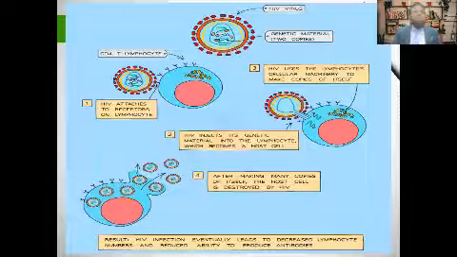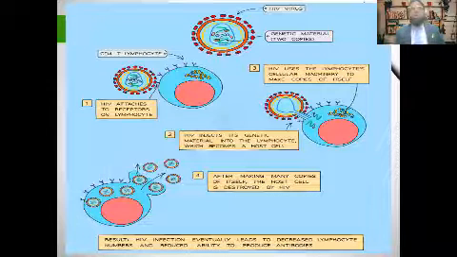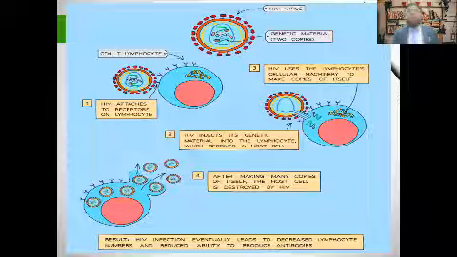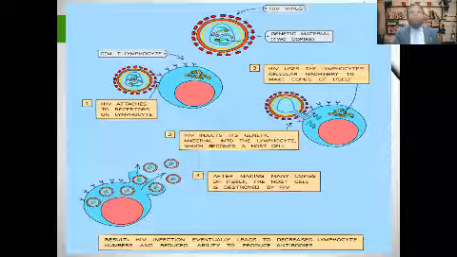Number one, the HIV attaches to the receptors on the lymphocyte, and then the HIV injects its genetic material into the lymphocyte, which becomes a host cell. Then HIV uses the lymphocyte's cellular machinery to make copies of itself.